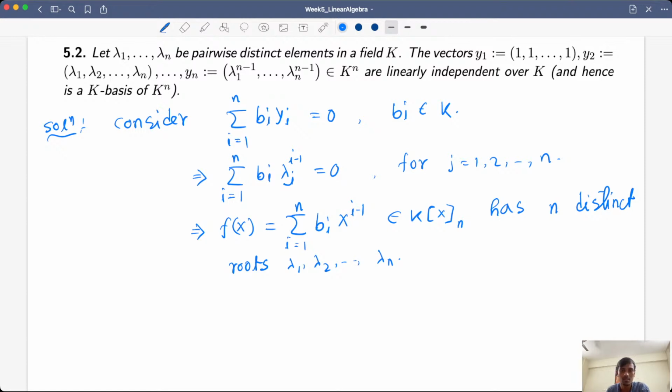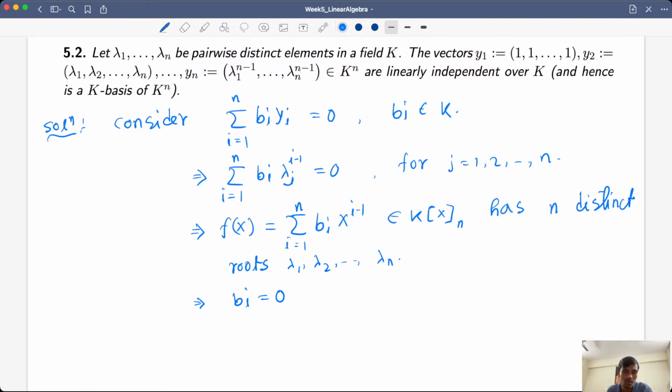So f of x is a polynomial of degree less than n, but it has n distinct roots. That can happen only if, using the fundamental theorem of algebra, all the coefficients b i are 0, because any degree n polynomial can have at most n roots in the field, right?